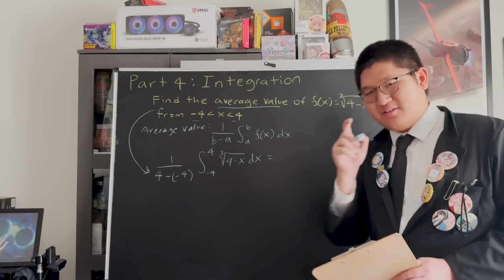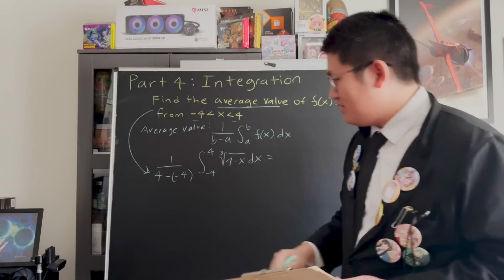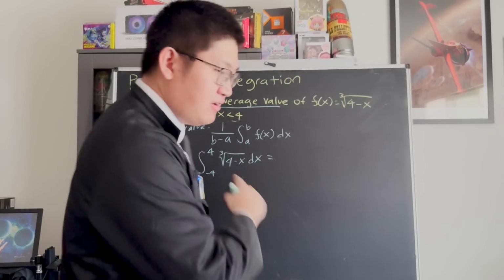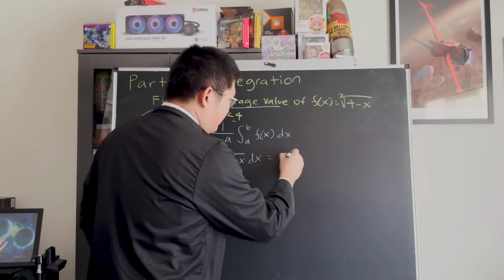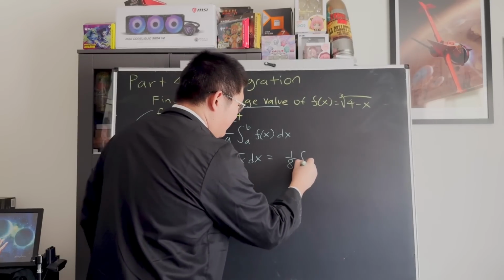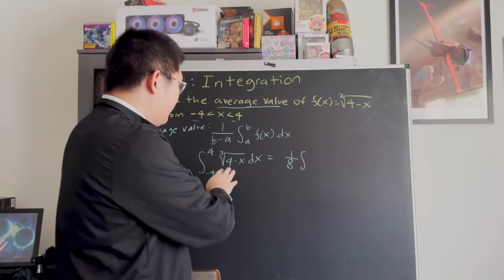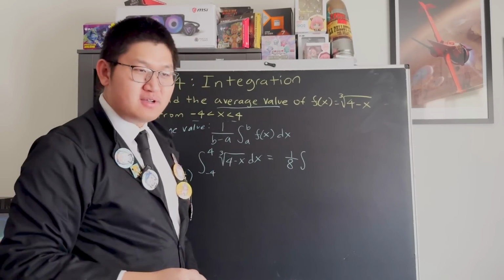Now this takes just a few steps in terms of definite integration for us to get through. So let's see if we can put everything together. That coefficient in front, 4 minus -4, makes it 1 over 8 as a positive value. Then for the integral, just keep in mind that we're dealing with the cubic root.